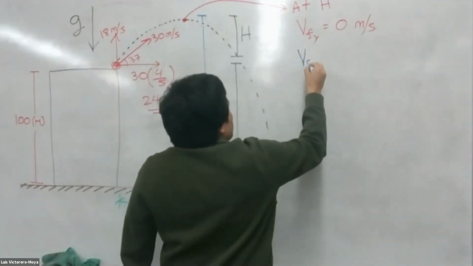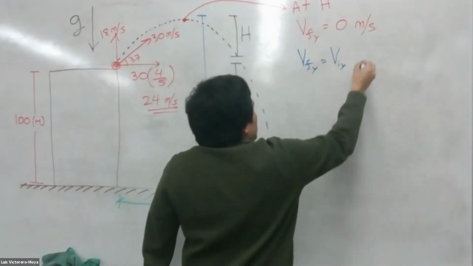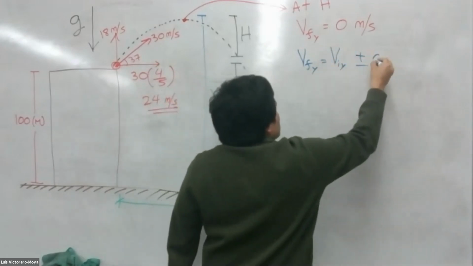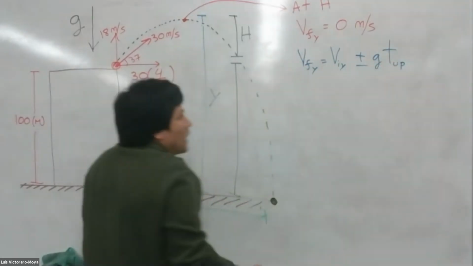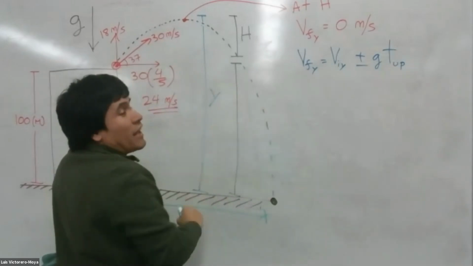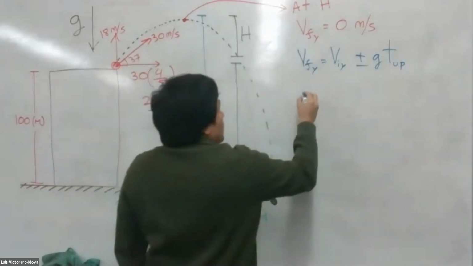Yeah, this one. V final on Y equals V initial on Y, plus or minus gravity times the time to go up. I also want to find that. Oh, by the way, I don't have time. So remember, if I don't have time, what equation do I use? This one.